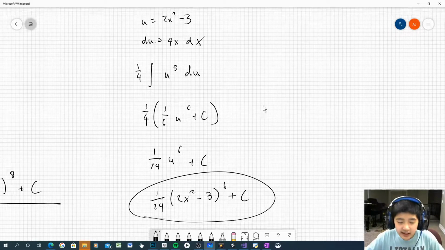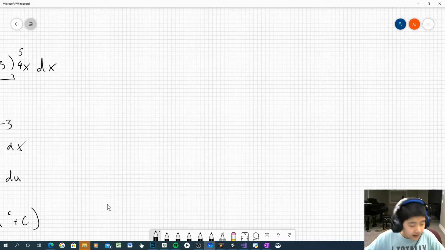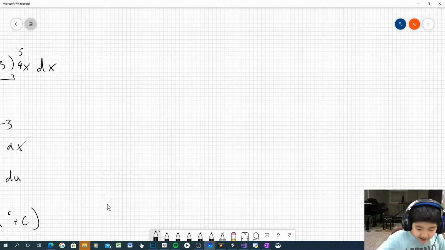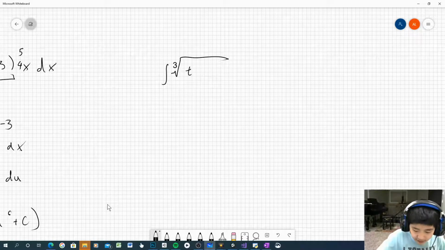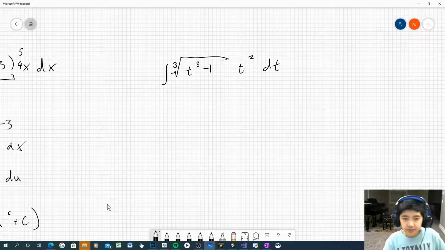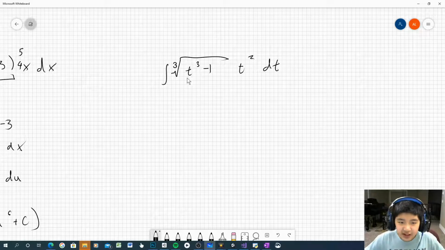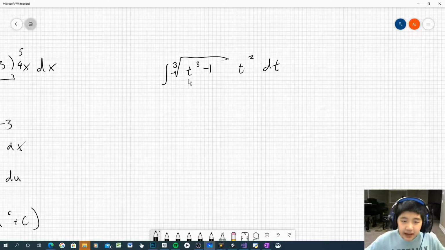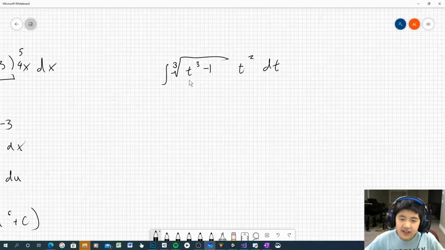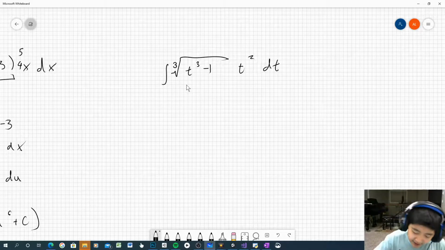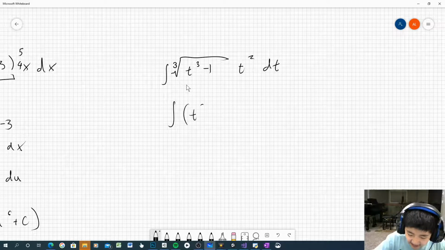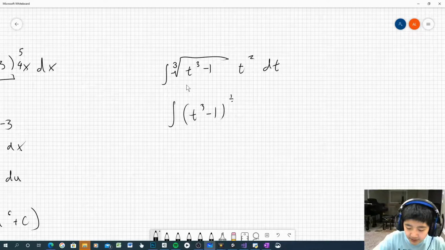Okay, next problem. Let's say it's the integral of (t to the power of 3 minus 1) to the power of 1 over 3 times t squared dt. So, what is our u? What's bracketed in here? It doesn't seem at first that anything is bracketed, until we realize that this is basically equivalent to something to the power of 1 over 3.